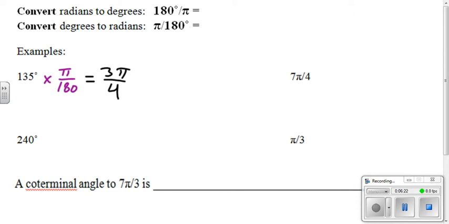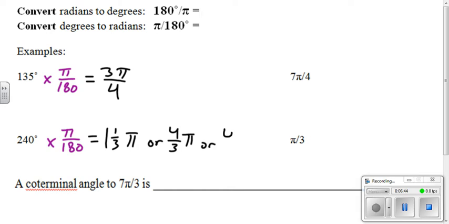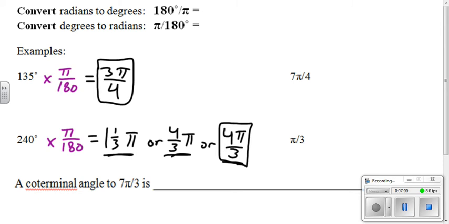Similarly, if we did 240, we want to convert that one as well, times pi over 180. So 240 over 180, same as saying 1 1/3 times pi, or we can say it's 4/3 times pi, or we can write it as 4 pi over 3. All three of them are acceptable. You'll probably most see it written this way: something times pi over something, so 4 pi over 3. Those would be our answers there.